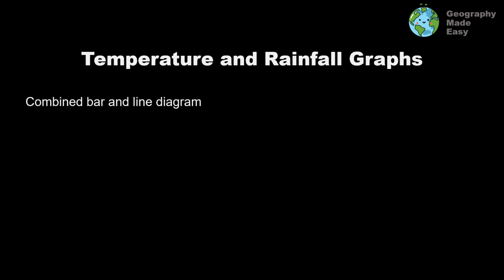Finally, we will come to the temperature and rainfall graphs, which are the last part of this chapter. These are combined bar and line diagrams.